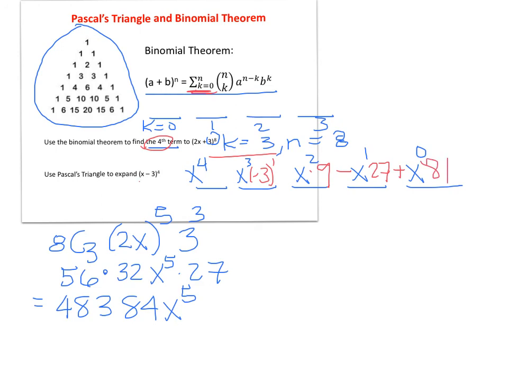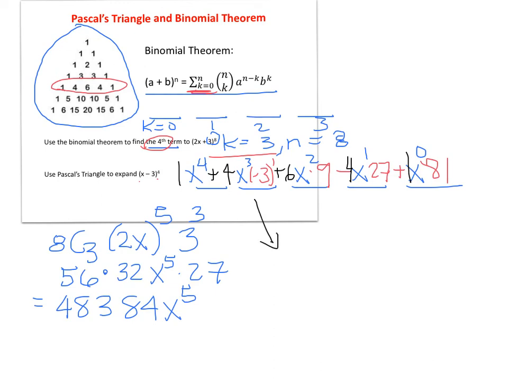Now we need the coefficients. So for the fourth power, you go to the row that has the 4. Notice there are 5 places, and that will give you your coefficients. So there's going to be a 1, there's going to be a plus 4, well, times the negative. Then there's going to be the plus 6. Then there's going to be another 4 goes in here, and then there's going to be a 1.